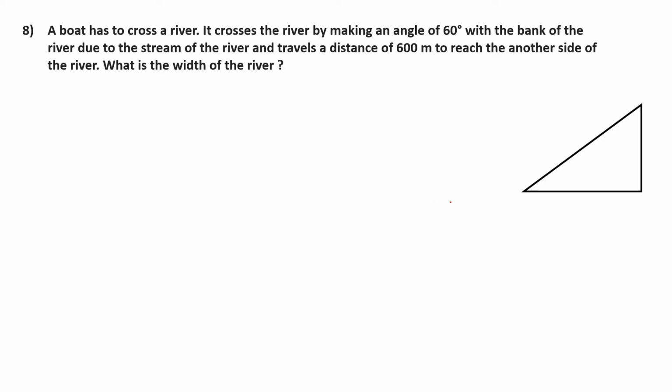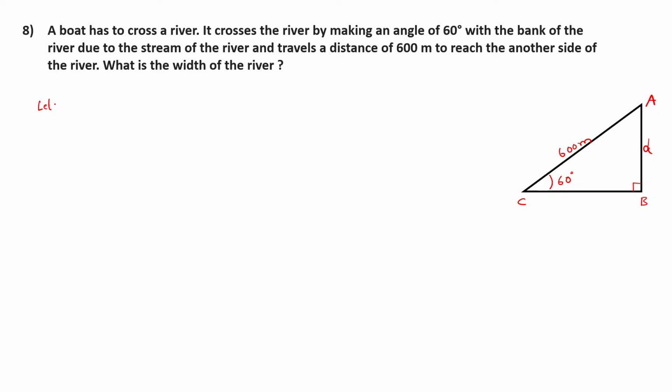So here, if I name C is the starting point, A is the target, point B. Okay, here it is 60 degrees and this distance is 600 meters. We need to find the width of the river. Let it be D. Okay, now write down whatever the observations are there on the screen.